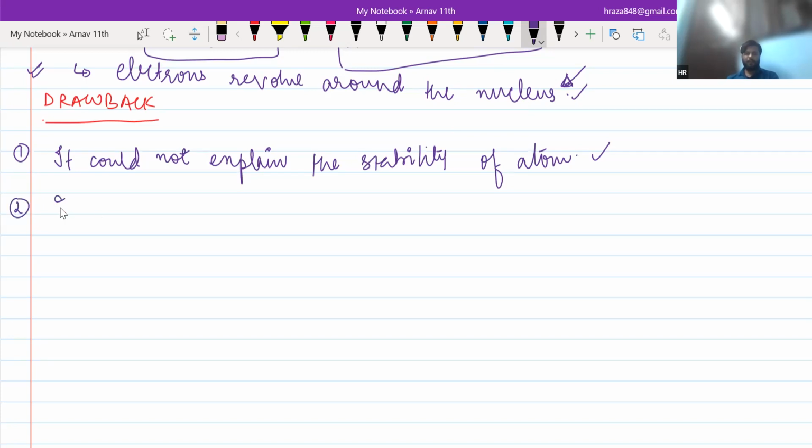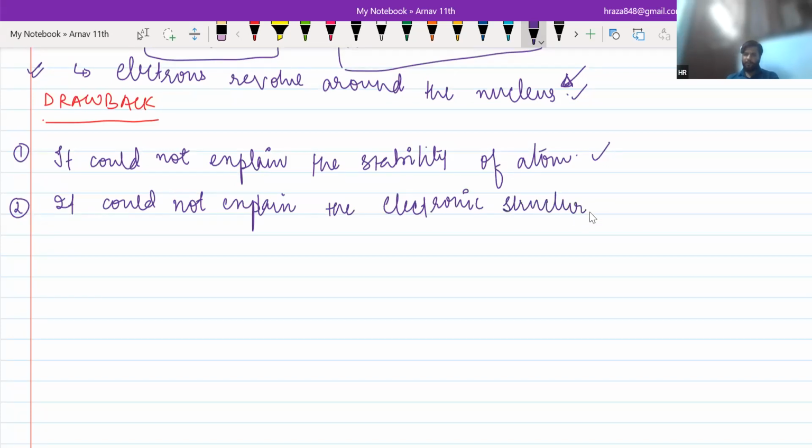Next, it could not explain the electronic structure. Third point we can write.